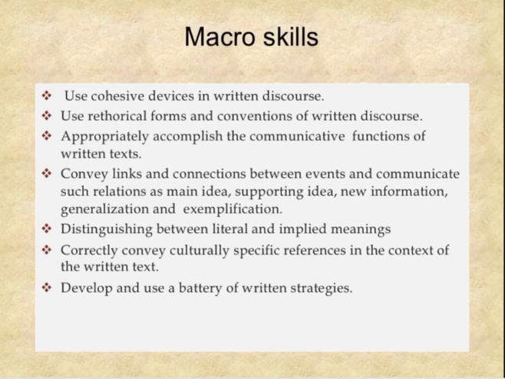Appropriately accomplish the communicative function of written text. Convey links and connections between events and communicate such relations as main idea, supporting idea, new information, generalization, and exemplification. Distinguishing between literal and implied meaning. Correctly conveying culturally specific references in the context of the written text. Develop and use a battery of written strategies.